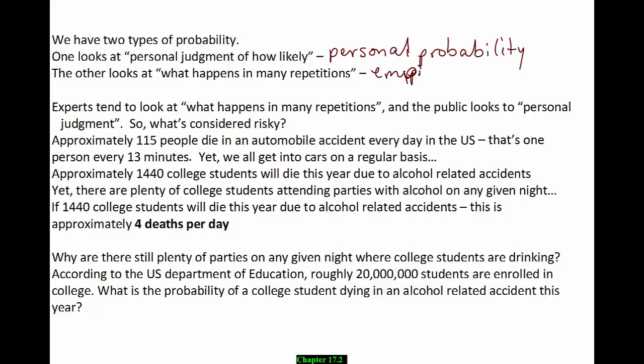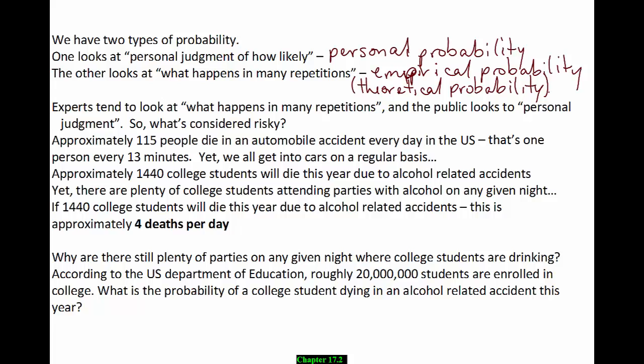This is empirical probability. And theoretical probability is what would happen in many repetitions too if we could observe the outcome many, many times. Experts tend to look at what happens in many repetitions, and the public looks to personal judgment.